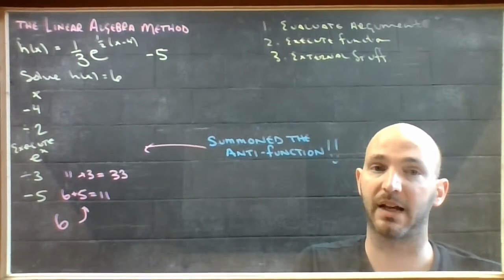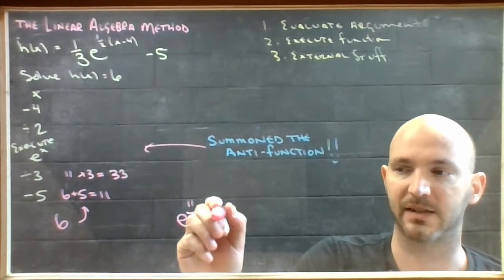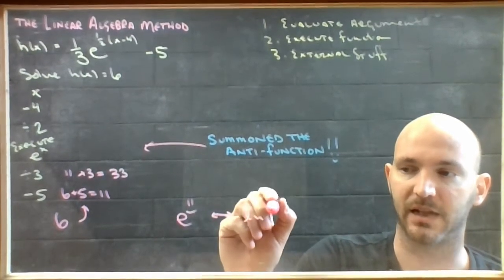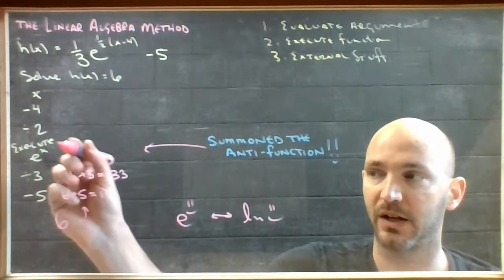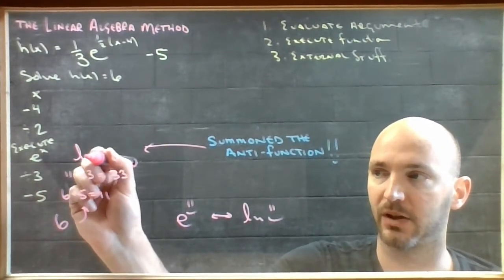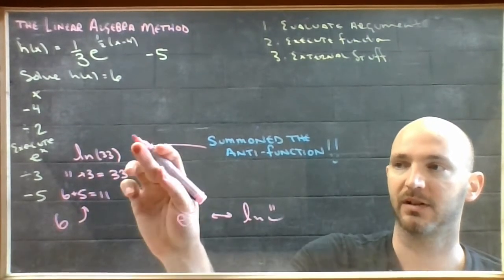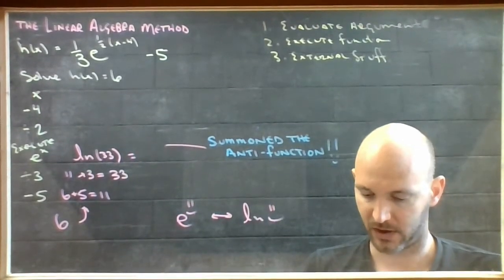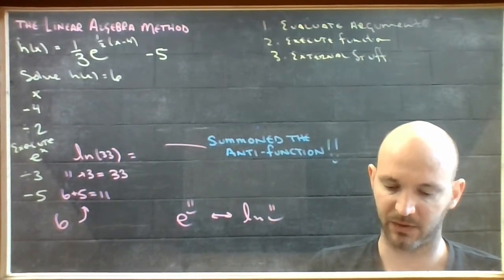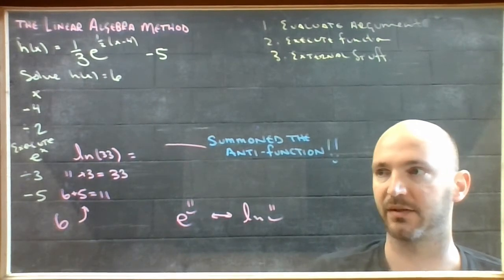So I have to apply its anti-function, and I'll have to remember from the last example that e to the something is undone by ln to the something. So in order to undo e to the x, I will have to ln the answer I get. So I summoned my anti-function, and I will have to put that into a calculator. Ln of 33 gives me 3.4965, which I'm going to round to 3.497.